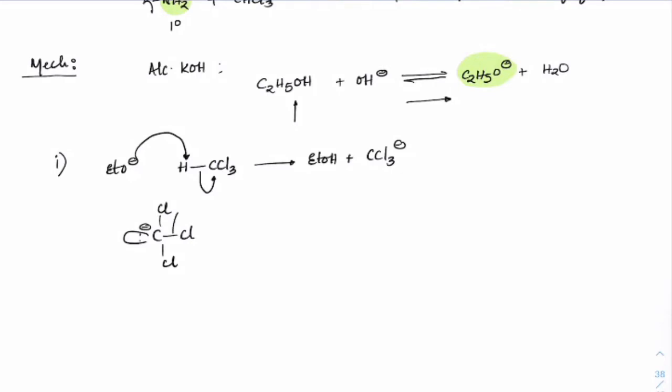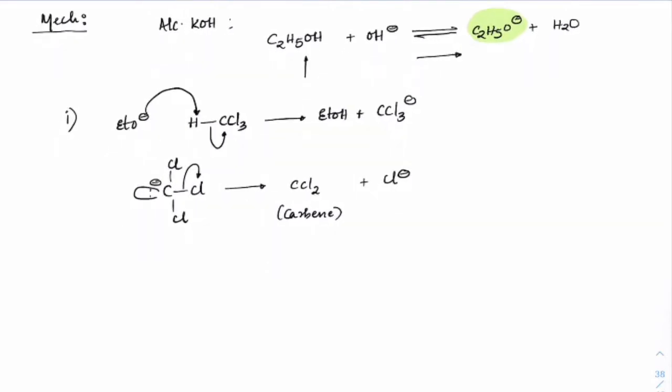So immediately chlorine will come out of that and form CCl2, which is a carbene molecule, and Cl minus. So dichlorocarbene formation is observed, and dichlorocarbene has an empty orbital, which means it will act like an electrophile. So this is our step 1.